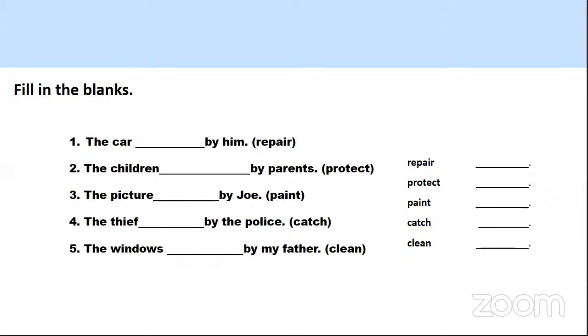Then try to write down the past participle of those verbs first. After that, we will do filling.